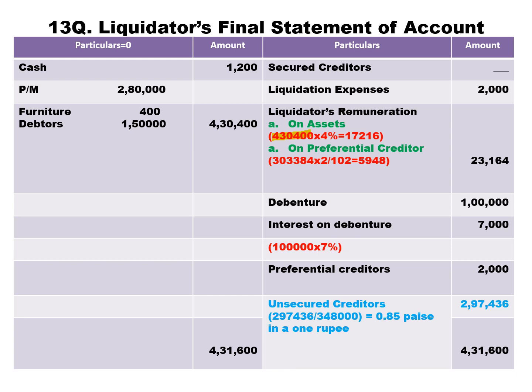Cash 1,200 plus total assets realized 4,30,400, minus liquidation expenses 2,000, minus liquidator remuneration on assets 17,216, minus debenture 1 lakh, minus debenture interest 7,000, minus preferential creditor 2,000.